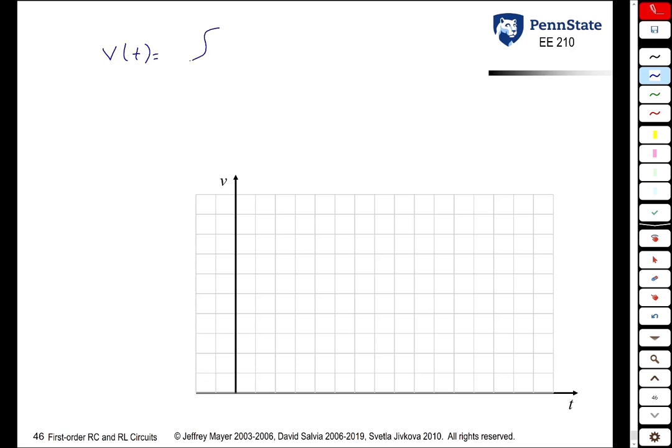We have our three distinct ranges. The voltage across the capacitor is going to be 0 volts before the first change in the circuit. This is our DC steady state. Then it's going to start charging up to 24 volts with the time constant of 4 seconds.